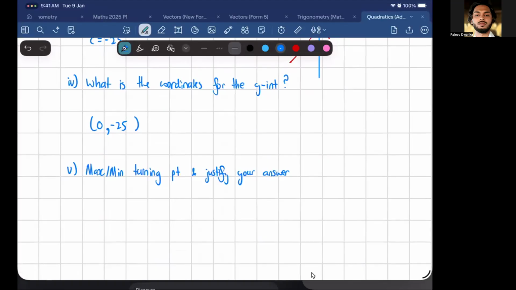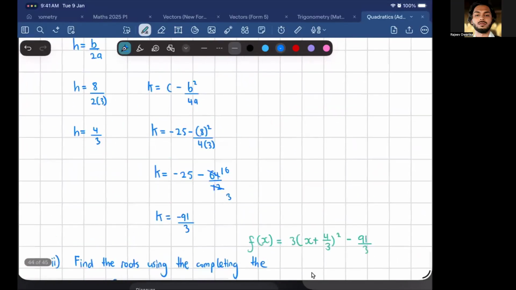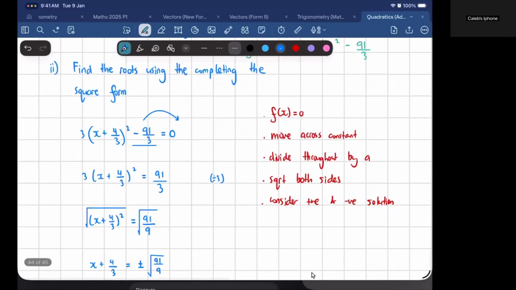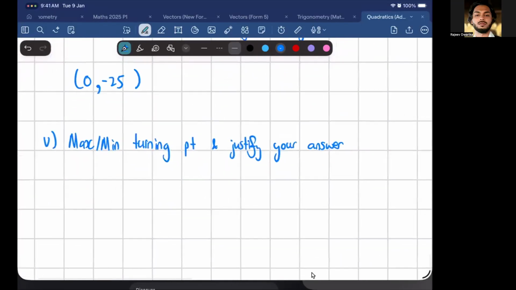But tell me, would it be a maximum or a minimum? What was a? It was 3. It would be a minimum point. So you have to put that. You would say since a is more than 0.